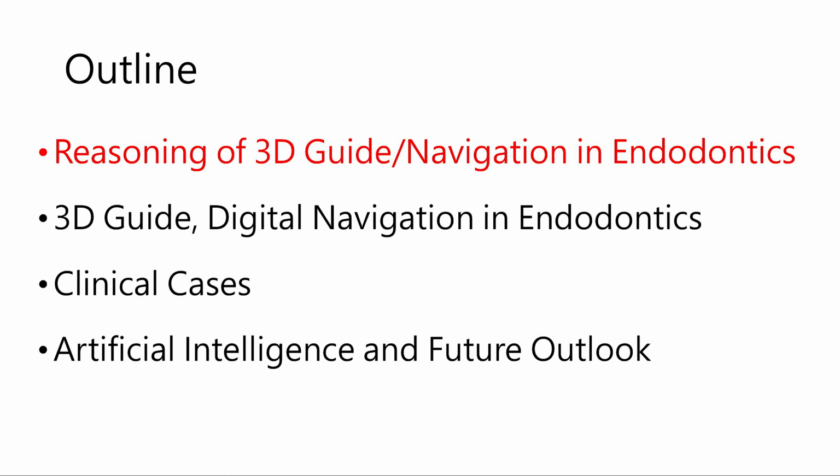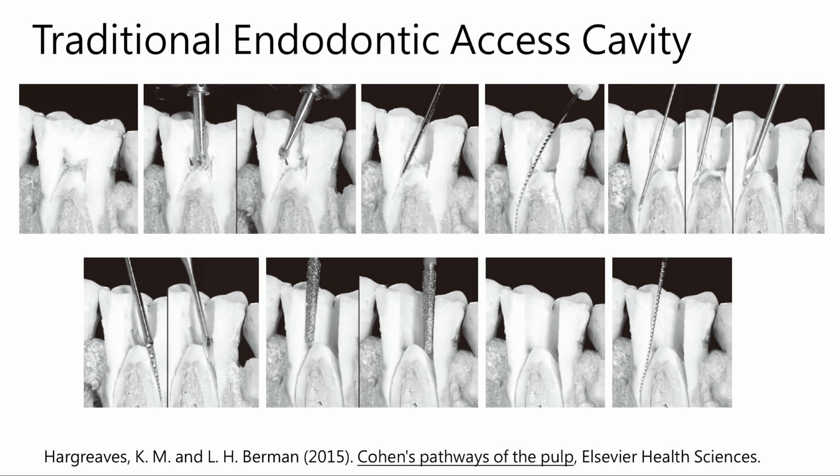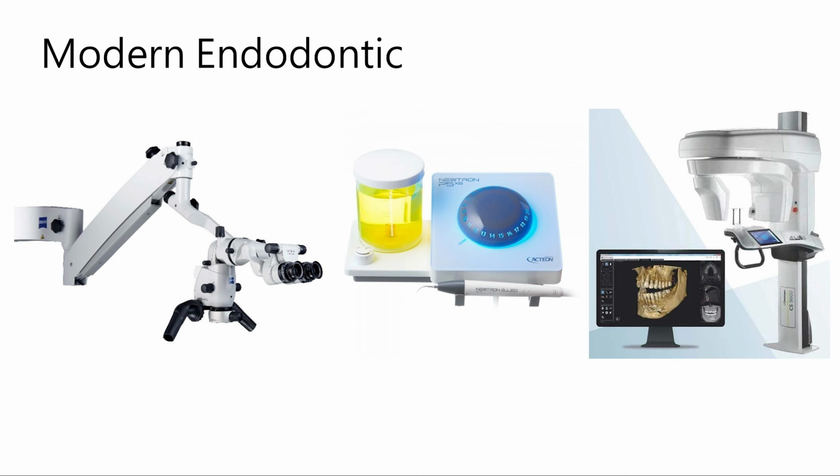So let's begin with the first part. This is the endodontic treatment we are very familiar with, the traditional way. We use a high speed bur, we use a skeleton drill, and we use files to scout the canal to try to establish the straight line access. And nowadays, we have a lot of different kinds of techniques. Like we use the microscope, we use ultrasonic devices, and of course we use the CBCT.